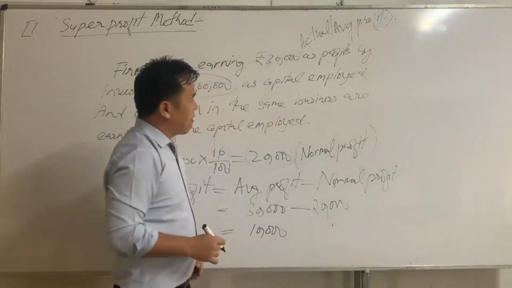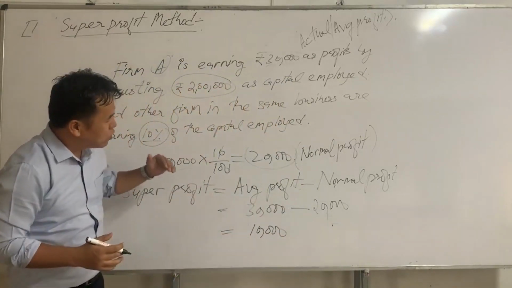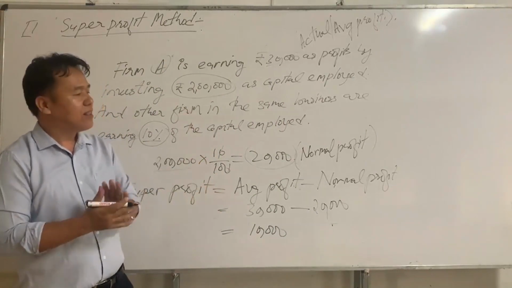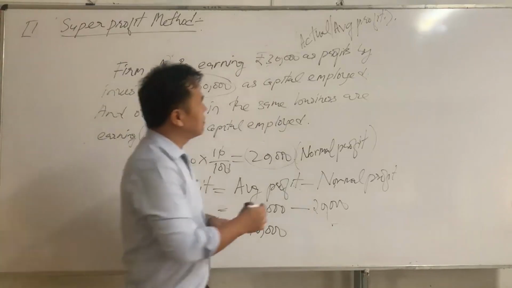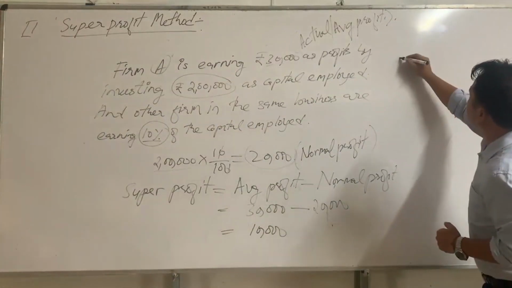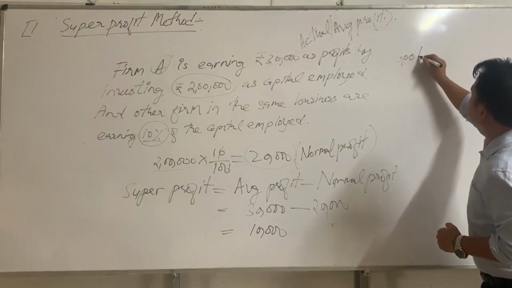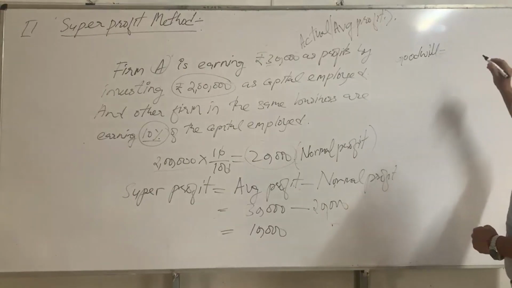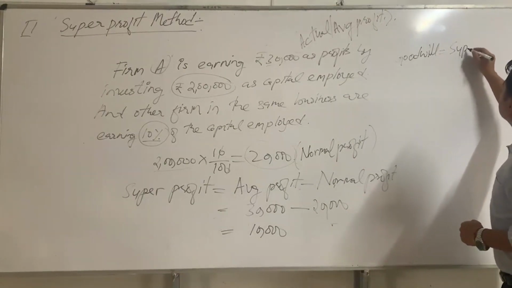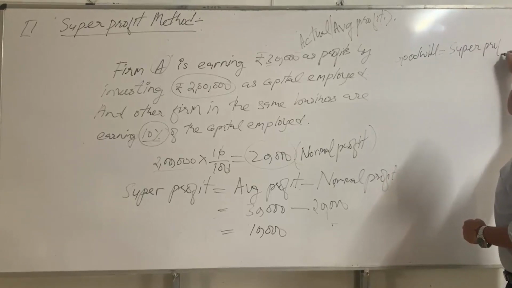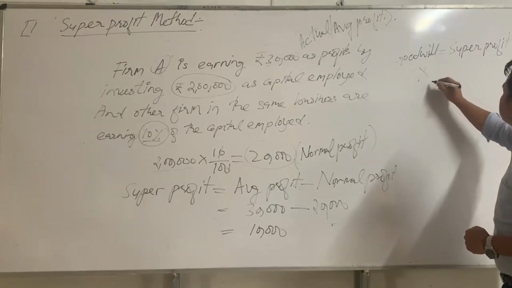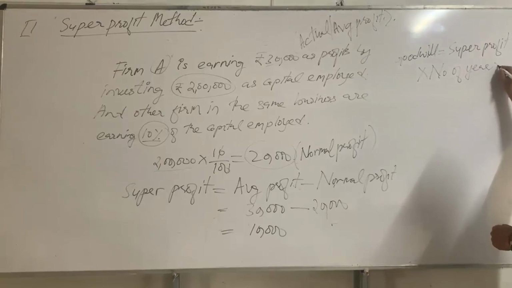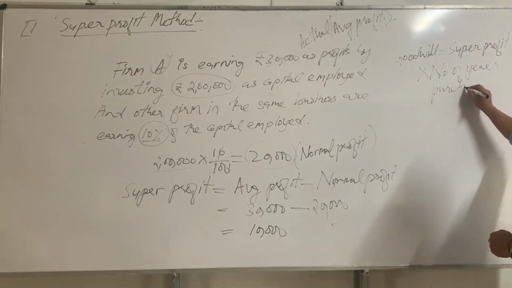10,000. If we assume that goodwill of the firm is calculated at 4 years purchase, then we can find the firm's goodwill. How? Goodwill is equal to super profit multiplied by number of years purchase.